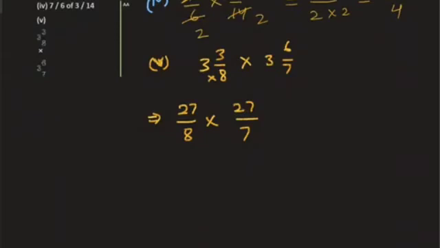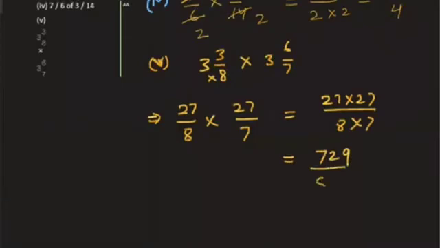No. Can we reduce 8 and 27? No. So we have to do 27 into 27 and 8 into 7. So what will be the answer? The answer is 729 upon 56. Okay.